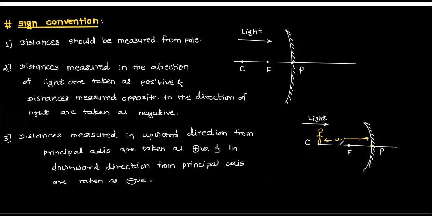You are measuring from the pole to this side, so u is negative, because you are going opposite to the direction of light.